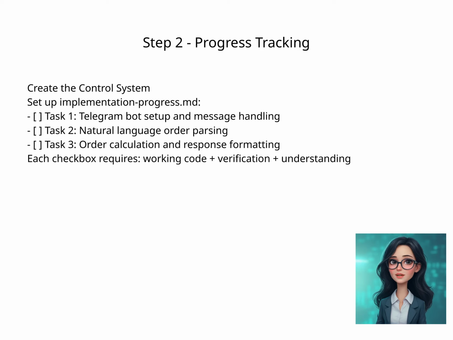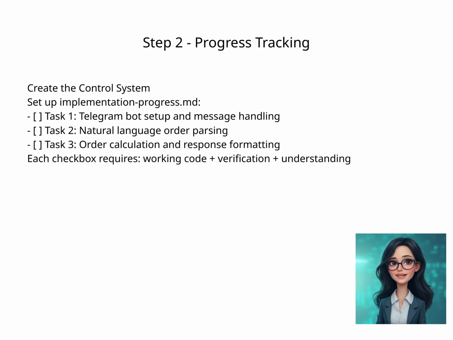Step 2 was setting up our control mechanism through implementation-progress.md. This document lists every task. Task 1, Telegram bot setup and message handling. Task 2, natural language order parsing. Task 3, order calculation and response formatting. But here's the key.